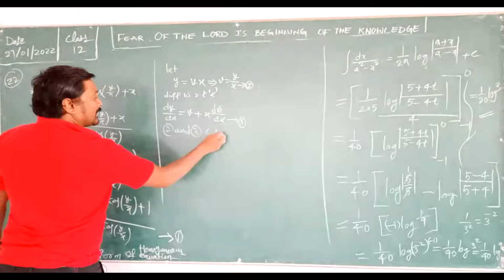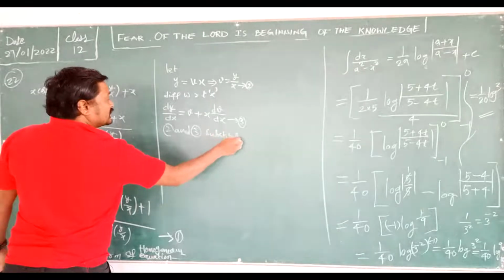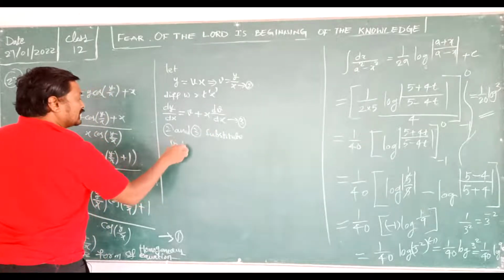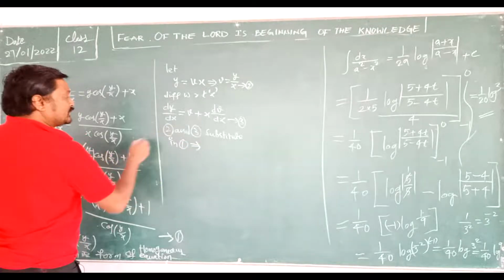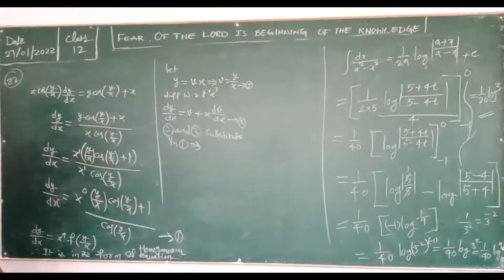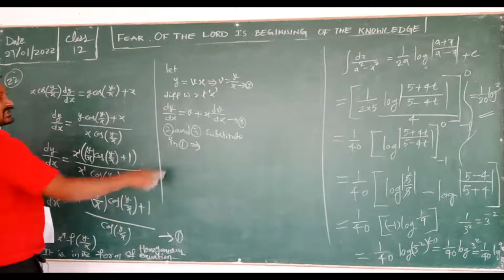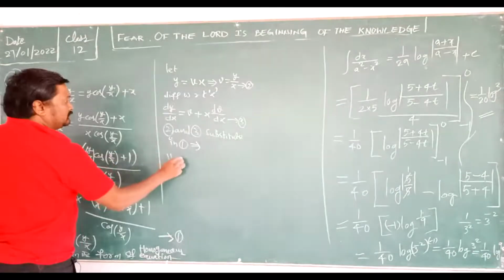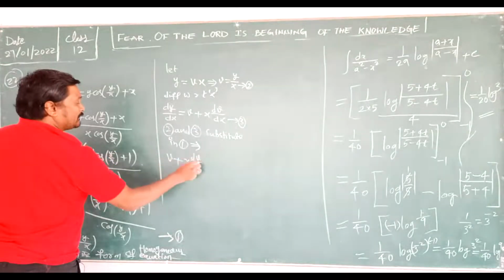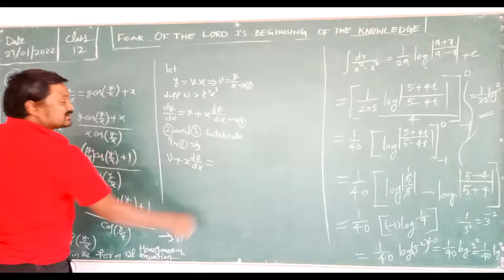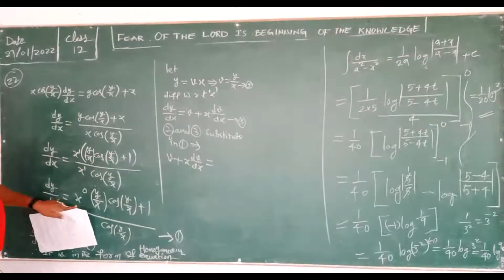Substitute 2 and 3 in 1. When you substitute in number 1, what are you going to get? dy upon dx means write this complete one: v plus x dv upon dx is equal to, now x power 0 is 1, so no need to write that.